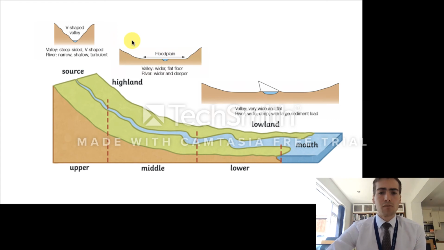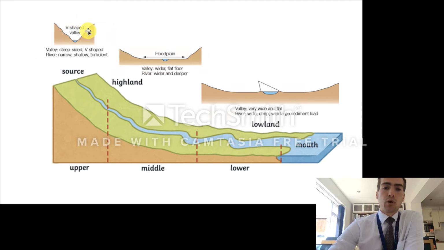So when we think about erosion, transportation, deposition in the upper course, what happens up here is going to be very different to the types which happen down here. In the upper course, we might have more hydraulic action happening in terms of erosion, and more abrasion because there are bigger rocks scraping against the riverbed and riverbank.